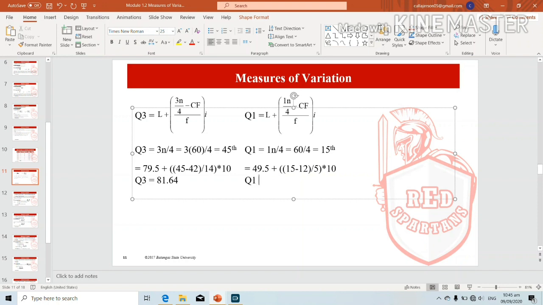Ibig sabihin, ang ating Q1 equal to 15 minus 12 divide 5 times 10 plus 49.5 is 55.5. So, yan.